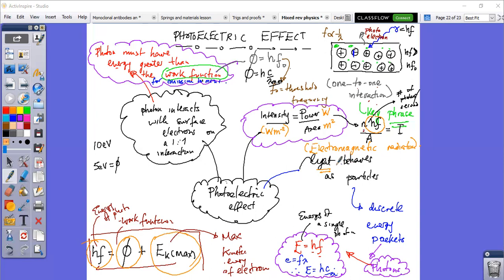Okay. Right. So again, to explain that one, throw in that phrase, any chance you get it. Because it's a one-to-one interaction, the number of photoelectrons emitted per second will remain unchanged. In other words, we can also refer to this as if this was in a photocell.